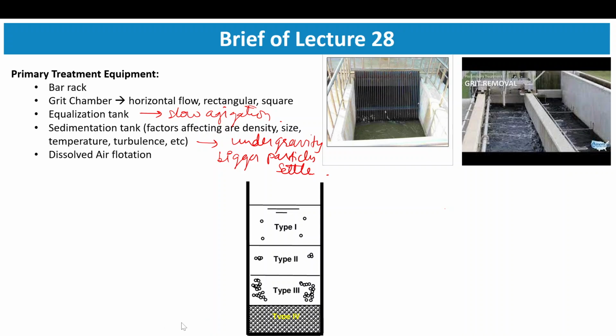So here what we are doing, we are allowing those particles to settle. Now this settling can be of different types. Let's discuss each one of them. So one is discrete settling.